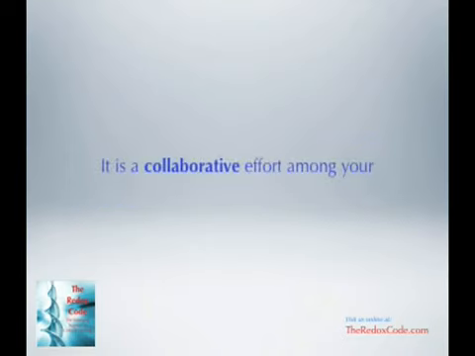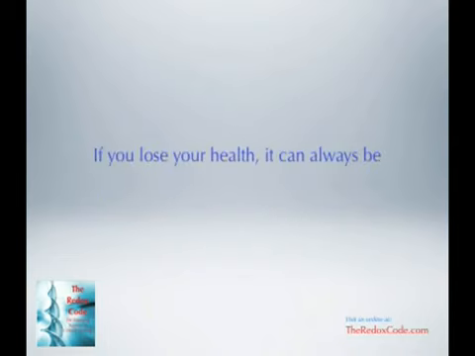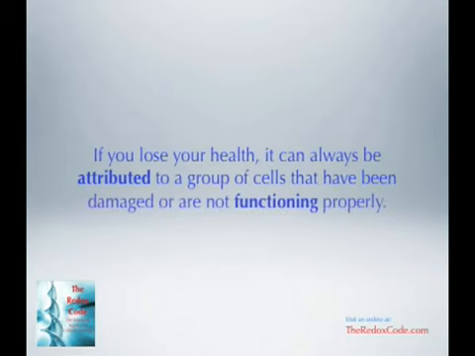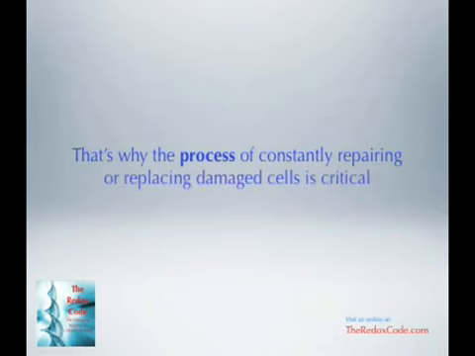It's a collaborative effort among your trillions of cells to keep you healthy. If you lose your health, it can always be attributed to a group of cells that have been damaged or are not functioning properly. That's why the process of constantly repairing or replacing damaged cells is critical to maintaining your health.